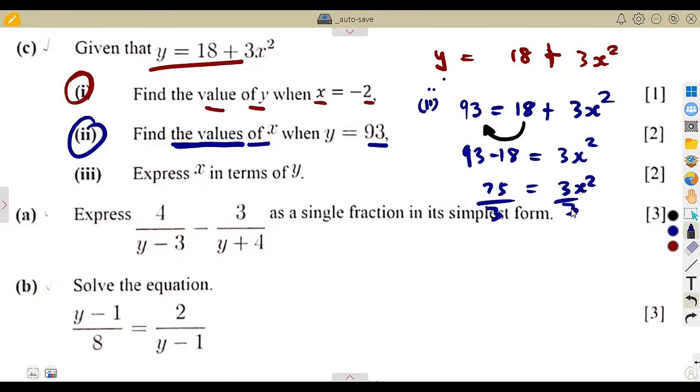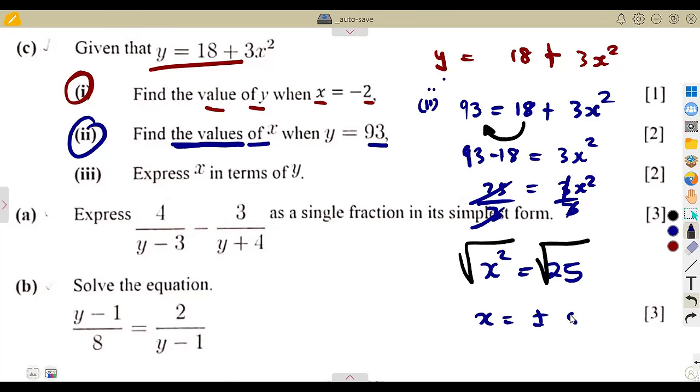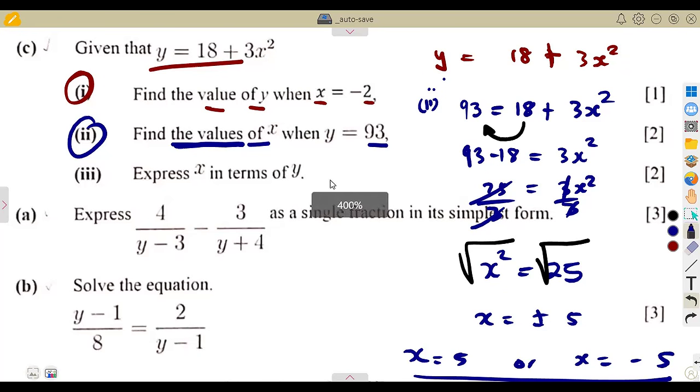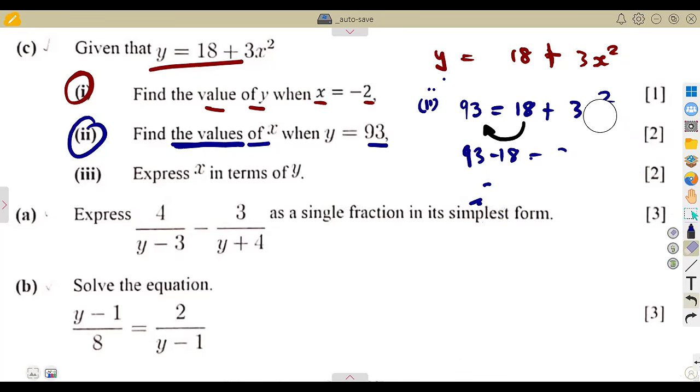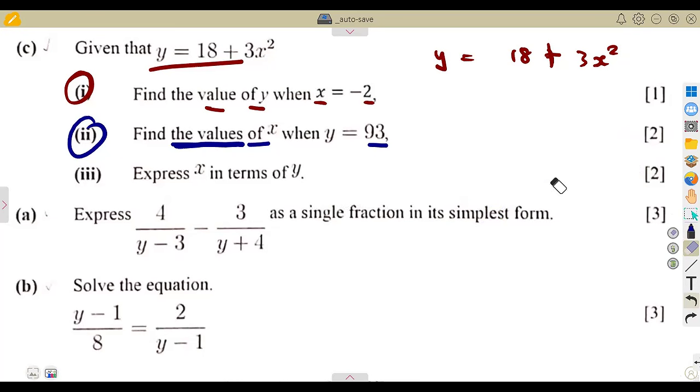You can divide by 3 on both sides. So x squared is equal to what? 3 into 75 is 25. So how do you find the values of x given a square? You introduce the square root. So x is going to be plus or minus 5. That means x is equal to 5 or x is equal to minus 5. So these are the values of x. Two possible values as we saw.